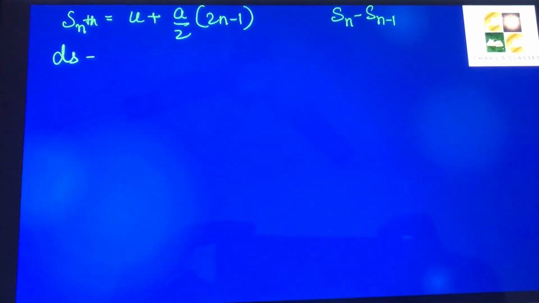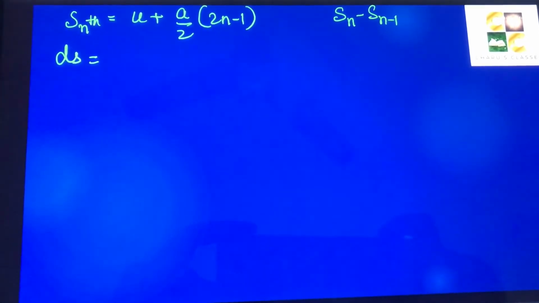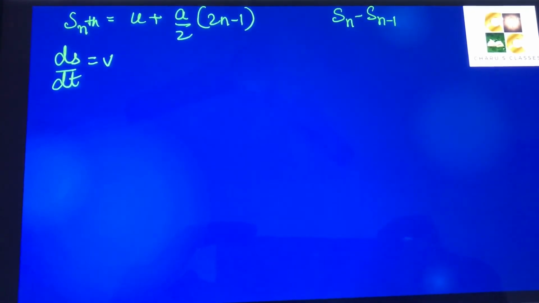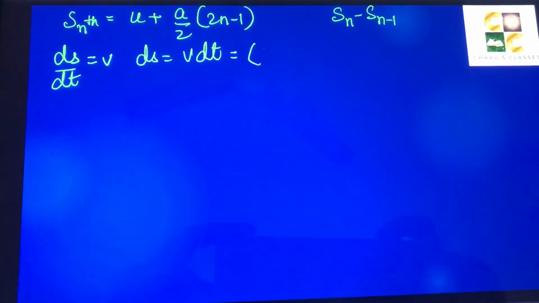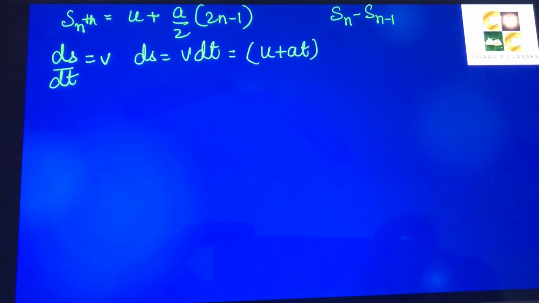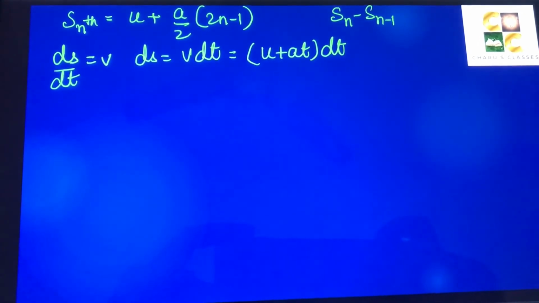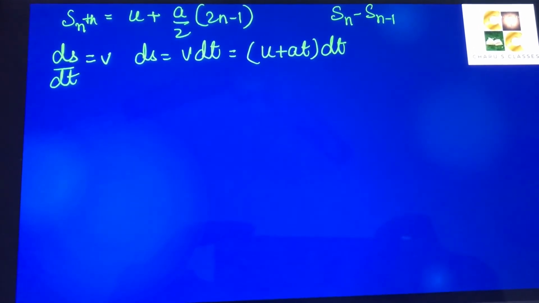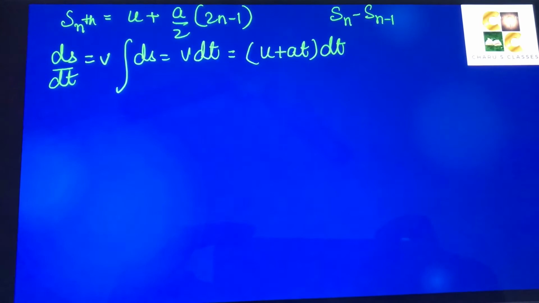Here we can write ds by dt as v, or we can write ds is equal to v dt. V can be written as u plus at into dt. Taking integral, so here we take from Sn minus 1 till Sn.